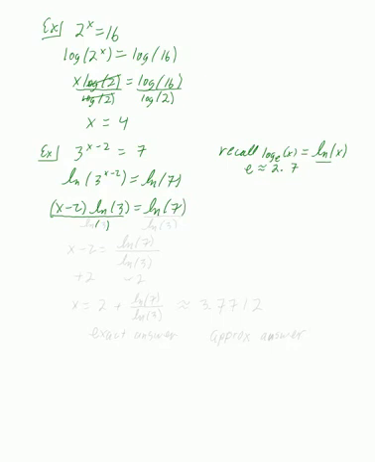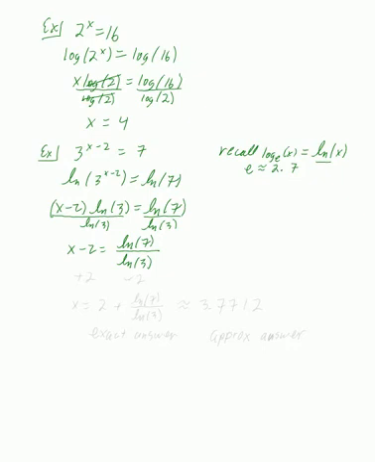Now, very nicely, I'm going to recall that natural log of 3 itself, all of that is just a number. So I'm going to divide both sides by the natural log of 3. I end up with the left side x minus 2 equals natural log of 7 over the natural log of 3.